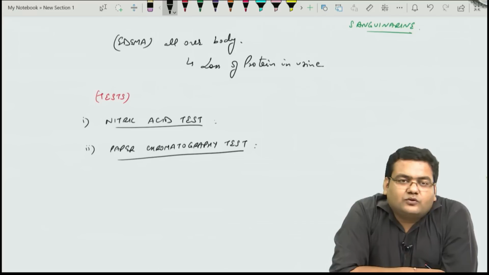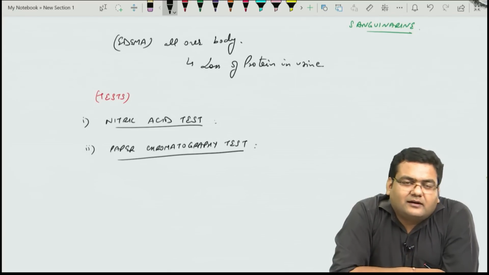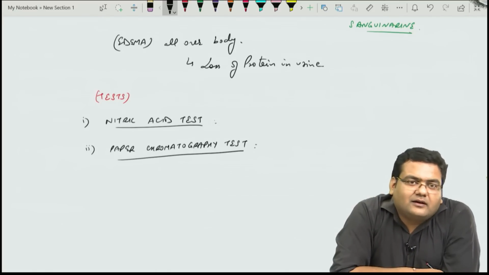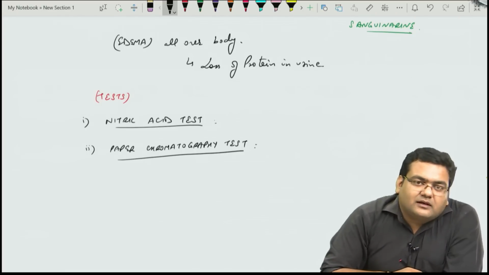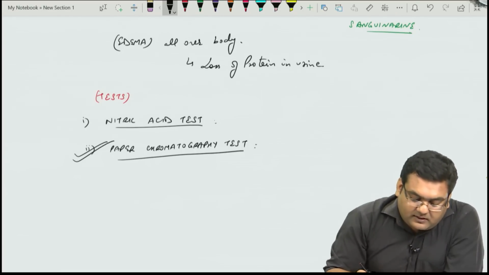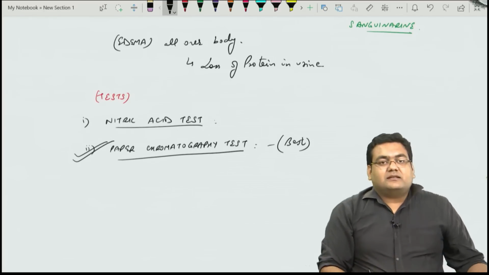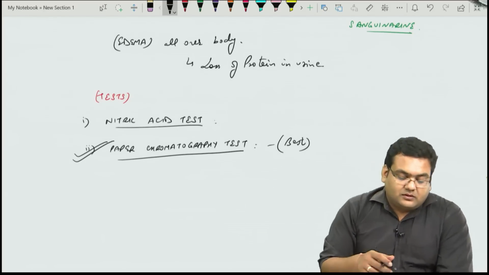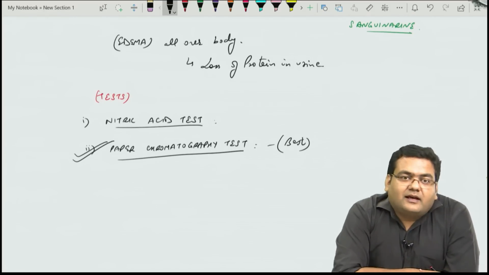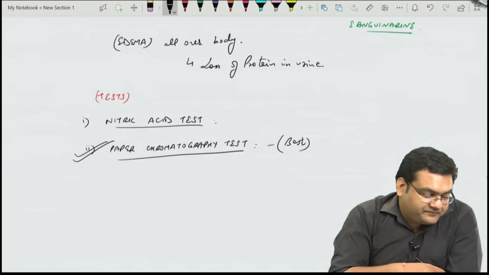Both these tests are used to find whether or not the oil is contaminated with argemone oil containing sanguinarine. If both options are given, paper chromatography test is the best test used to test whether the oil has been contaminated or not.